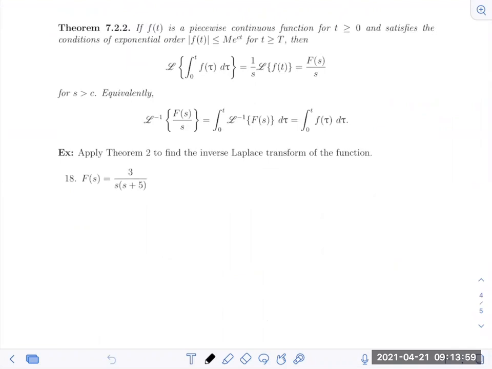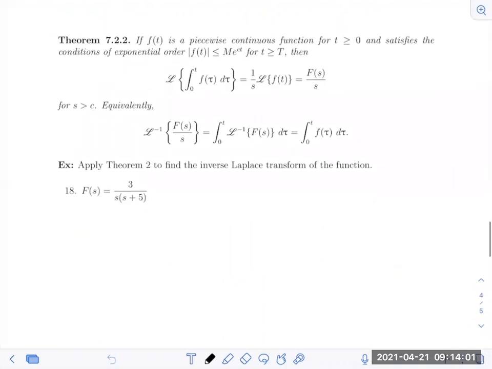In order to do that, we're going to introduce theorem 7.2.2 first. It says the following. Assuming that you have a function that is piecewise continuous and satisfies the conditions of exponential order, which is what we were requiring in the previous video in order to use transforms to solve IVPs, then the result says the following.